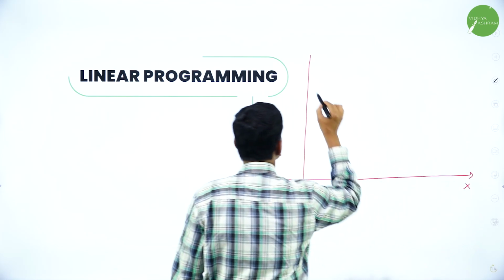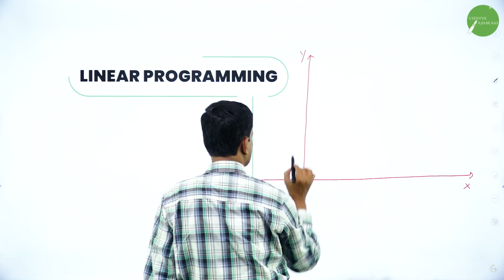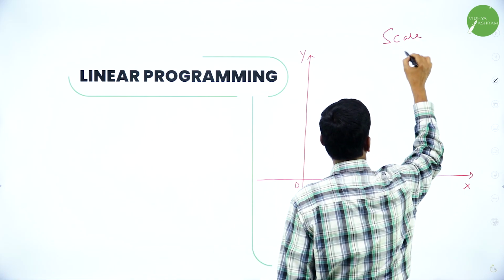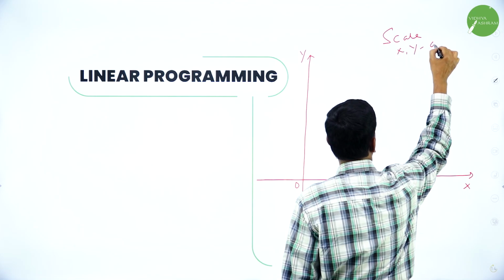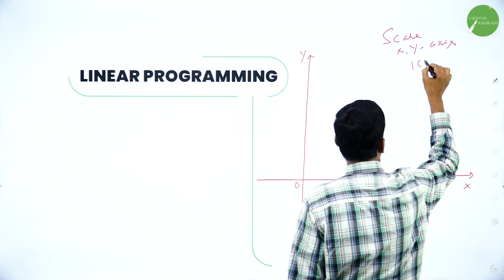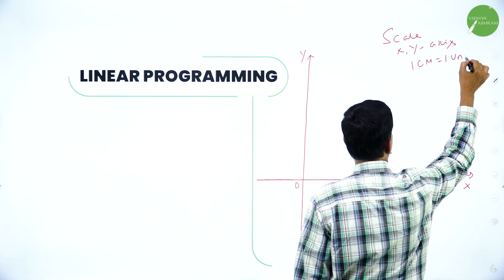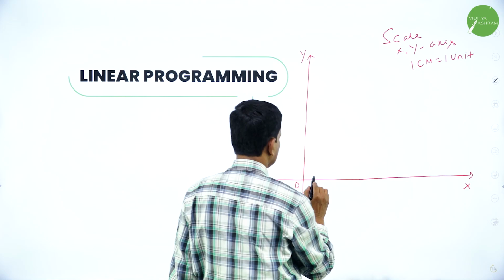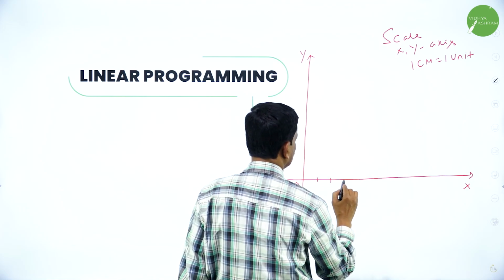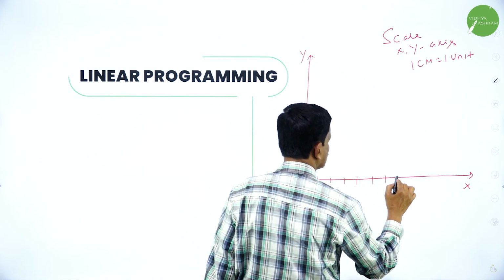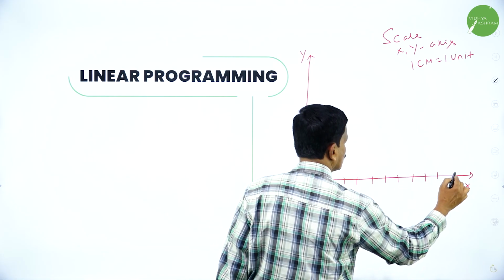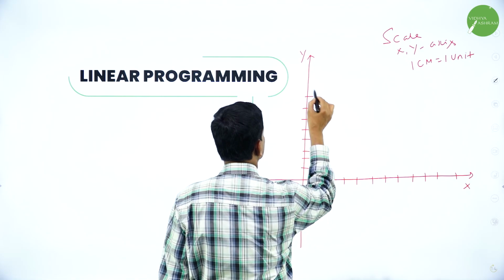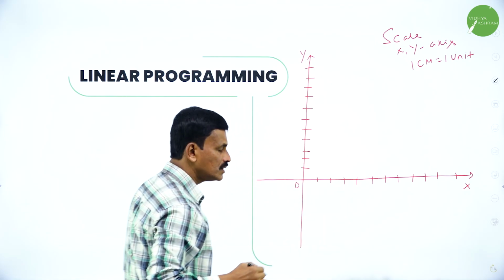This is the x-axis, this is the y-axis, this is 0. Now let us consider a suitable scale on the x and y axes: 1 centimeter is equal to 1 unit. So 1, 2, 3, 4, 5, 6, 7, 8, 9, 10, 11 on each axis. Now take the first point.